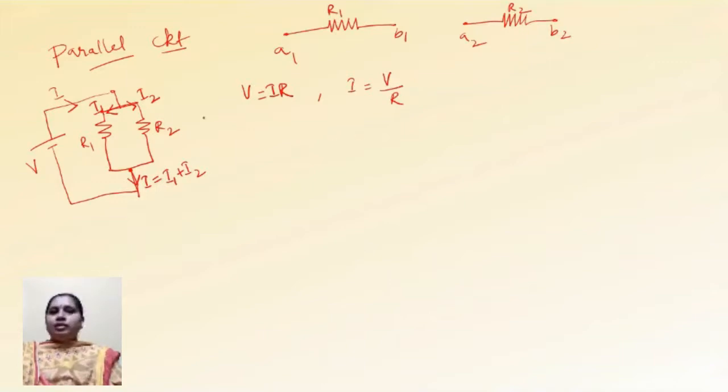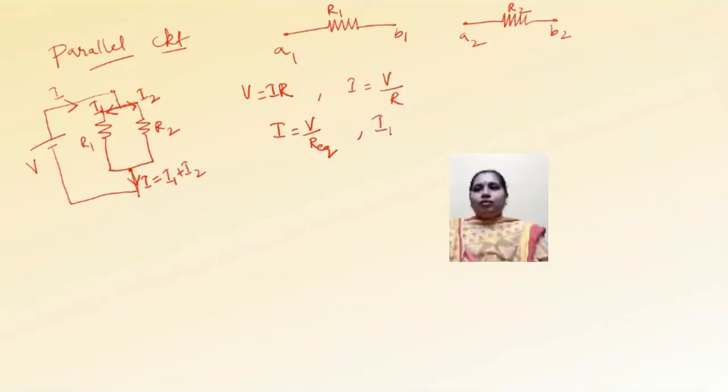The total current I is nothing but voltage divided by R equivalent, because there are two resistors. If there is only one resistor, you can take it as R. If there is a combination of two or more, then you need to take R equivalent. So I equal to V by R equivalent.